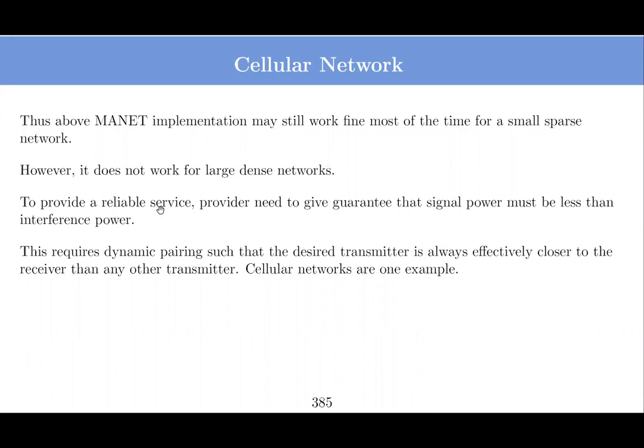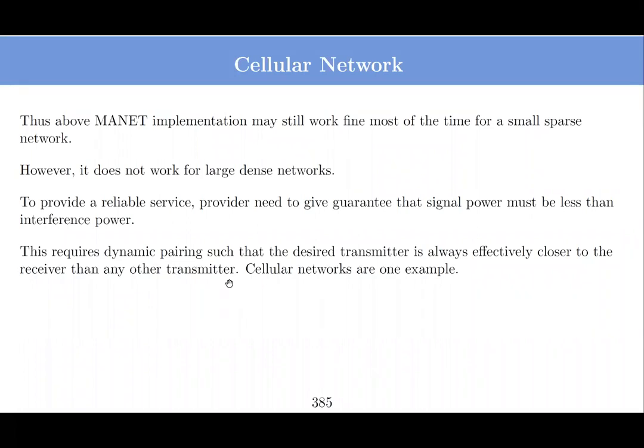So to provide a reliable service in this case, the provider needs to guarantee that the signal power must be greater than the interference power, at least most of the time. This requires dynamic pairing, such that the desired transmitter is always effectively closer to a receiver than other transmitters.